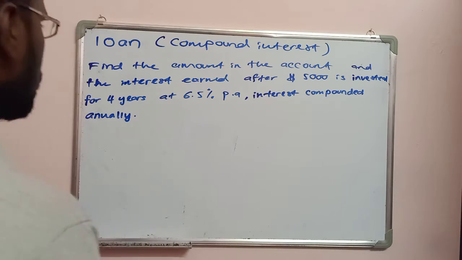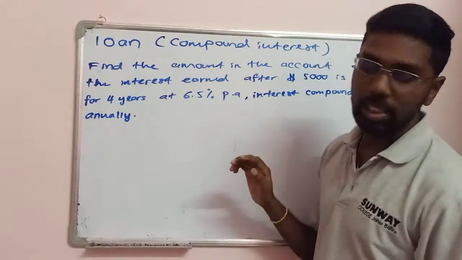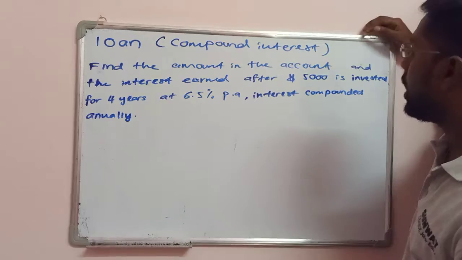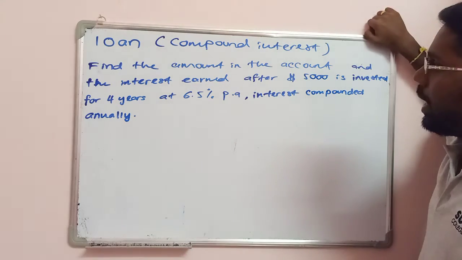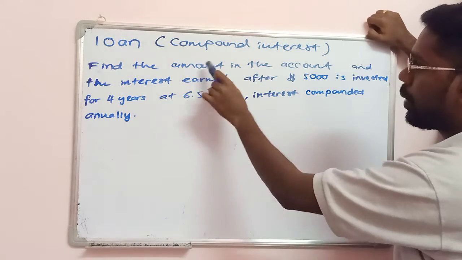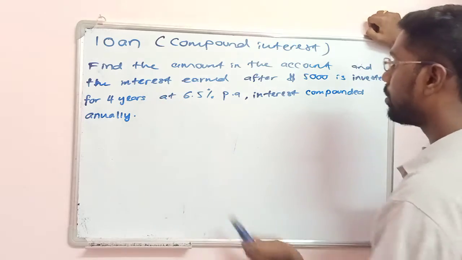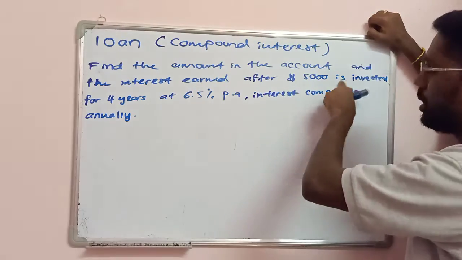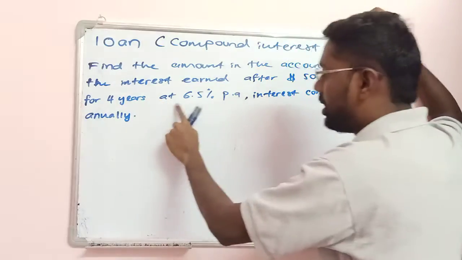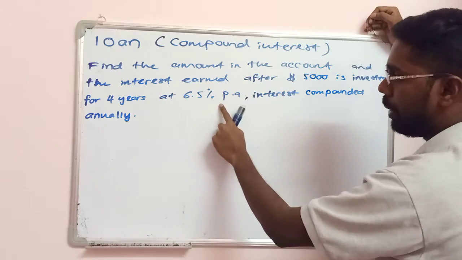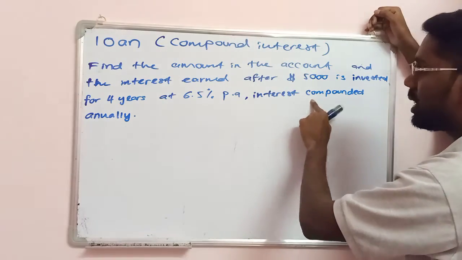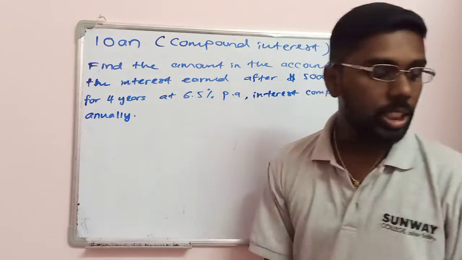Here is one example I gave you. Find the amount in the account and the interest earned. So they want the total amount and the interest earned, after $5,000 is invested for 4 years at 6.5% per annum, interest compounded annually.